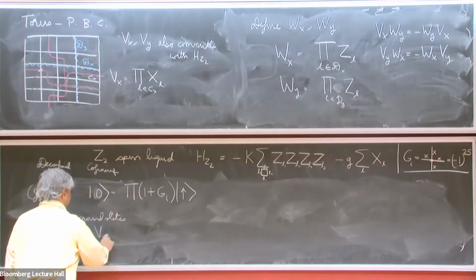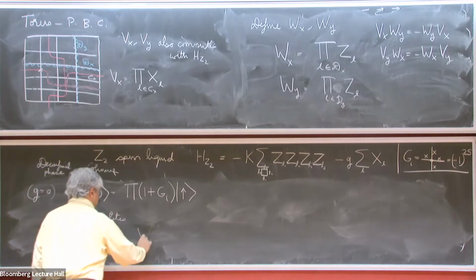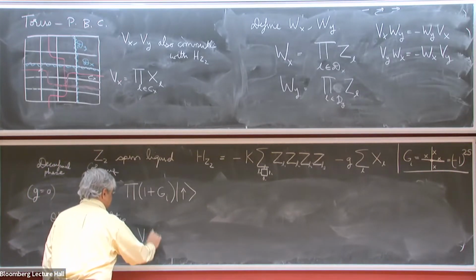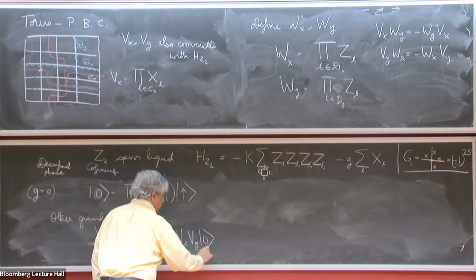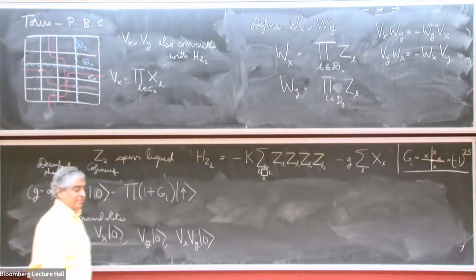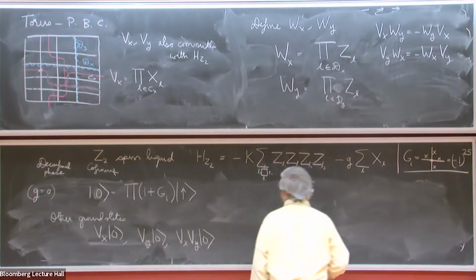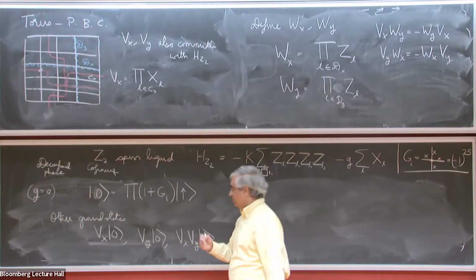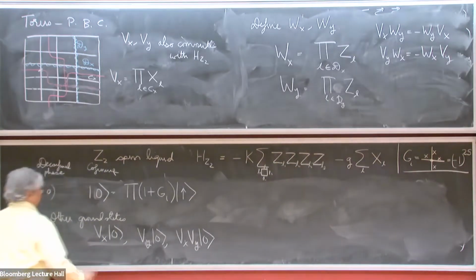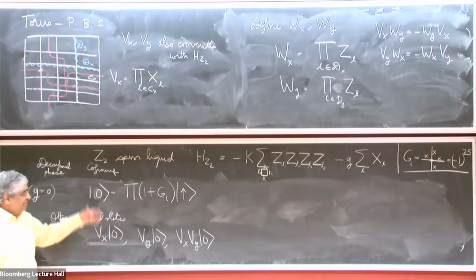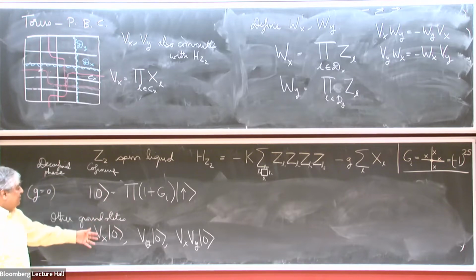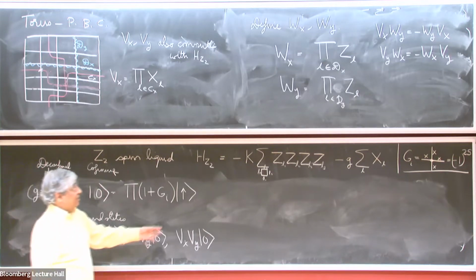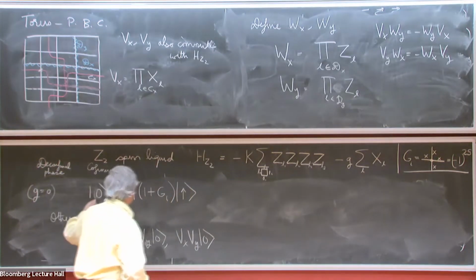And these are the states Vx acting on 0, Vy acting on 0, and Vx Vy acting on 0. It's kind of obvious they're eigenstates because Vx and Vy commute with the Hamiltonian. So this is an eigenstate, and these also have to be eigenstates. But you have to check that they actually are orthogonal. And the quickest way to see that is that these states are eigenstates of the Wx and the Wy operators with opposite eigenvalues.